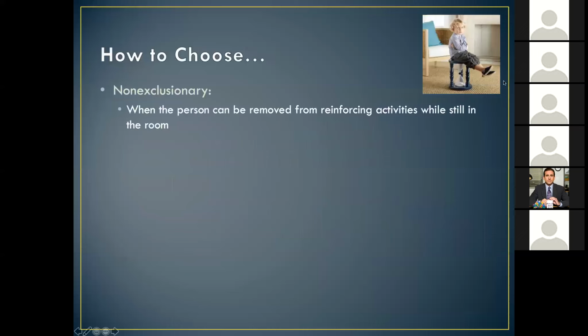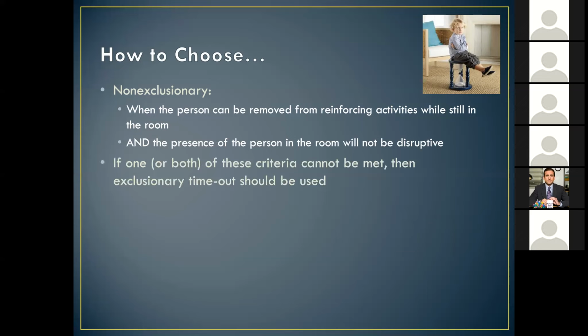So those are the things that we talked about. Non-exclusionary, when the person can be removed from the reinforcing activities while still in the room, and the presence of the person in the room would not be disruptive. So that's the example I gave earlier about the kid cursing in front of others.